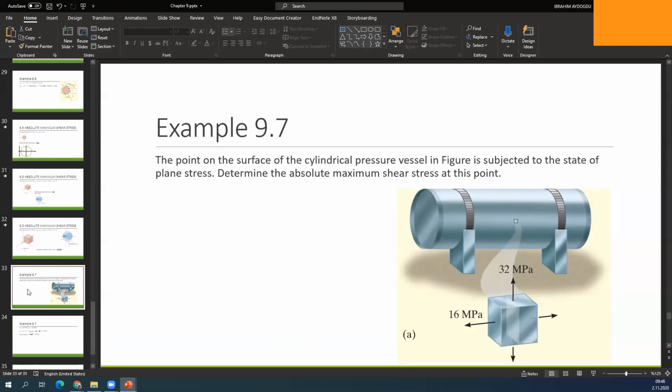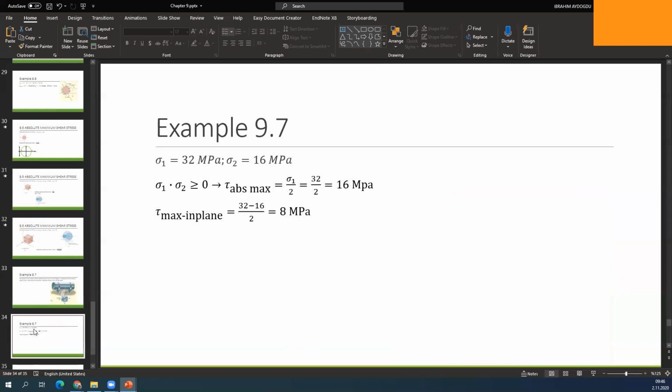The multiplication of sigma 1 and sigma 2 is greater than 0, so the absolute maximum shear stress is sigma 1 divided by 2, which is 16 megapascal. If you want to calculate the in-plane value, it is the subtraction sigma 1 minus sigma 2 divided by 2.